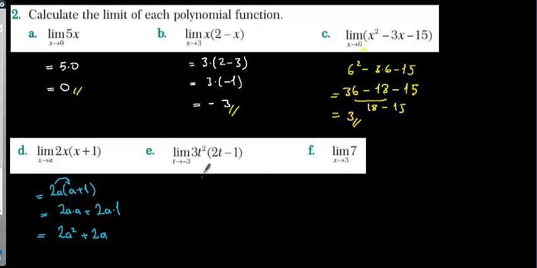What about this one? Here replace t by minus 3, so it's going to be 3 times (minus 3) squared times (2 times minus 3 minus 1).